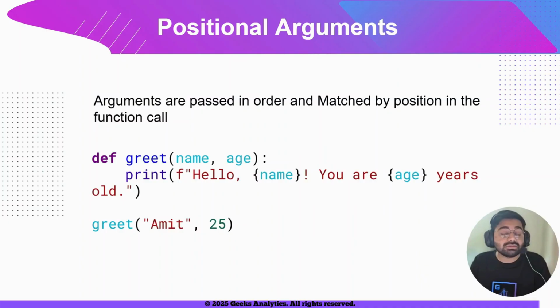If I pass Amit and 25 to my greet function, the values will be taken in the same order as the parameter names that are defined. So name will be equal to Amit and age will be equal to 25. That's how positional arguments work. They're matched by the position in the function call which we make.